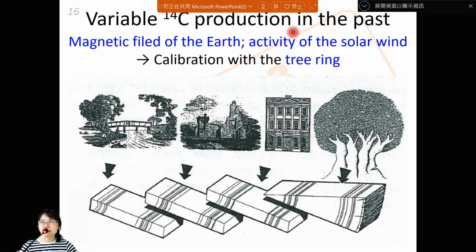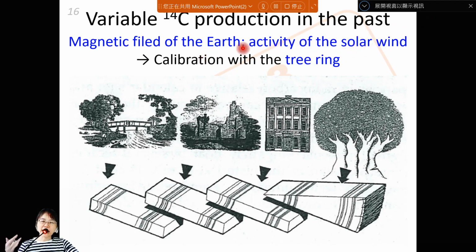It is not really constant. The reason for that is the magnetic field of the Earth. When cosmic rays enter the atmosphere, the Earth has a shield, which is our magnetic field. And the magnetic field's intensity has changed over time. The solar wind also changed over time.